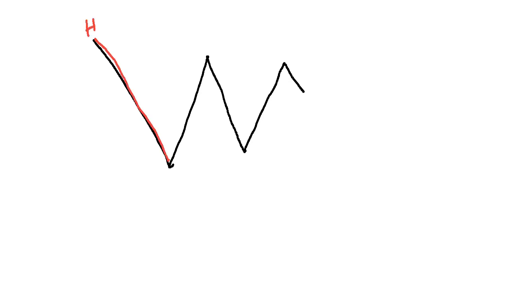This is the high, this is the low, and then that's the lower high. That creates one loop. Then the lower high is followed by a higher low, and then we have a lower high again here. This part creates another loop. So we need two loops to do this analysis.